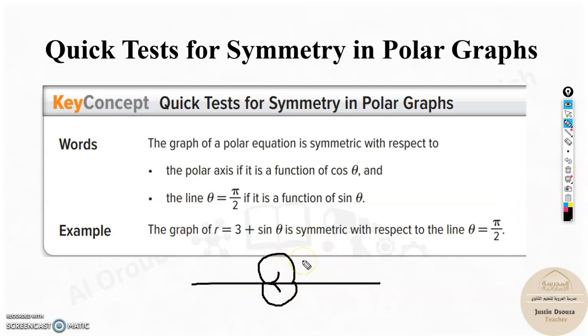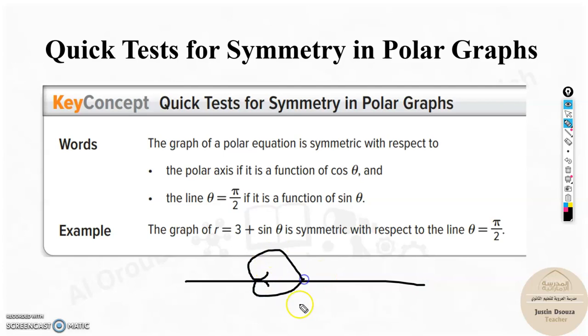What is the importance of this? That means I do not need to plot the graph for all of 0 to 2 pi. What do I do? From 0 to pi, that's it. That is 0 to 180 degrees, enough, because whatever shape is over here will be the same shape over here.